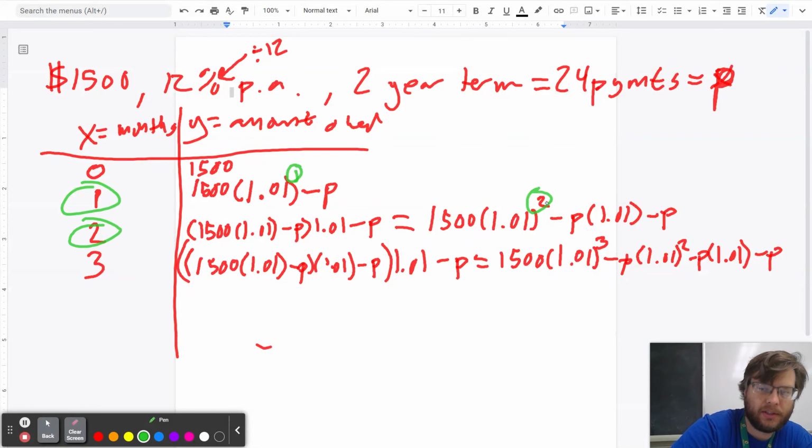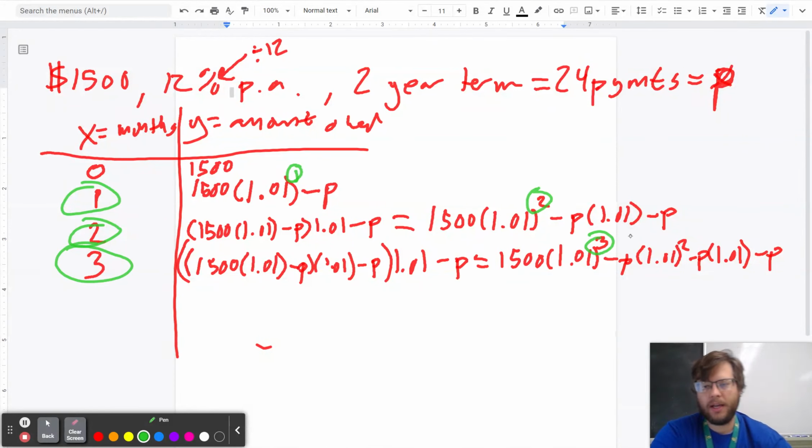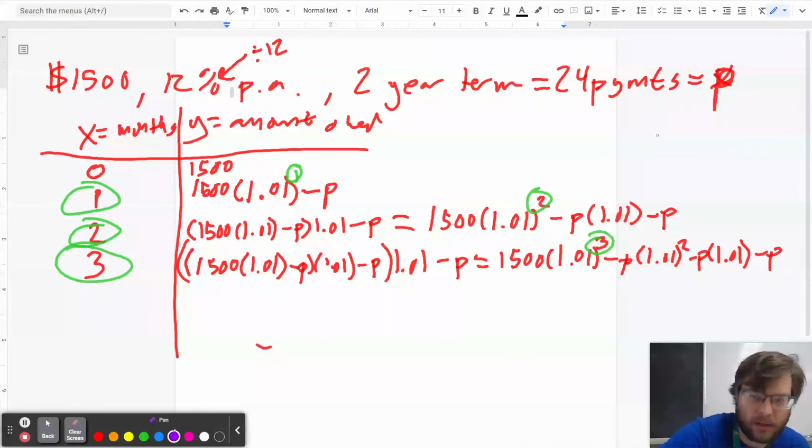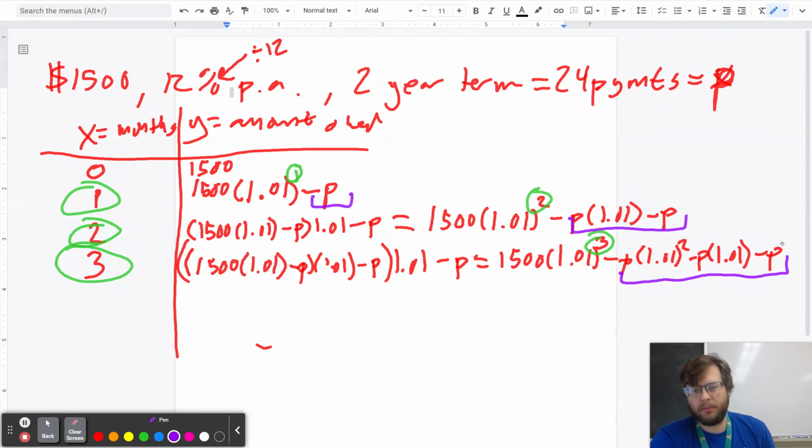So 2 matches 2, 3 matches 3. And then after that, there's a geometric sequence involving the P values. Here we have just one term, here we have 2 terms, here we have 3 terms.